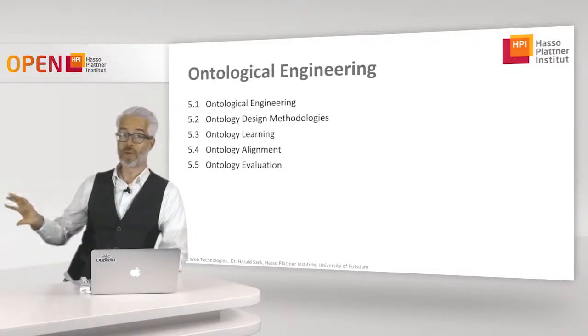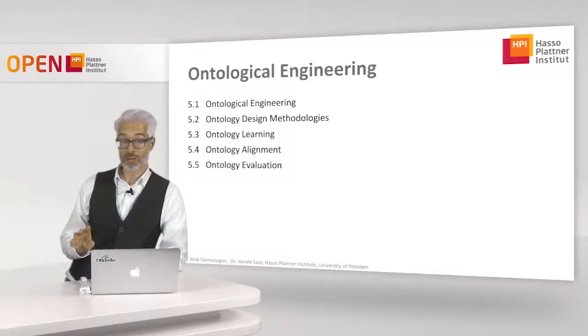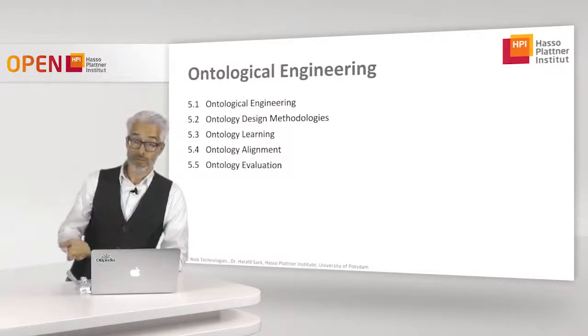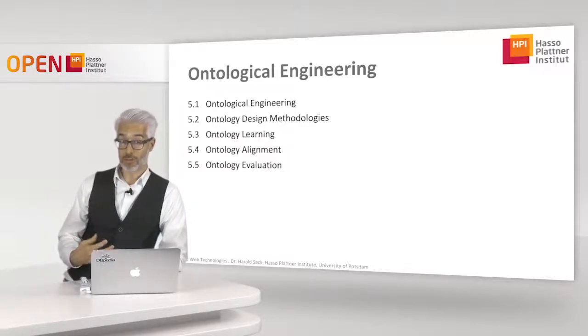So these are automated methods which support you in the ontology design process. Methods and technology which are able, for example, to create ontologies out of unstructured data, like texts, for example, given in natural language. If you have texts in natural language, you can create ontologies out of it.